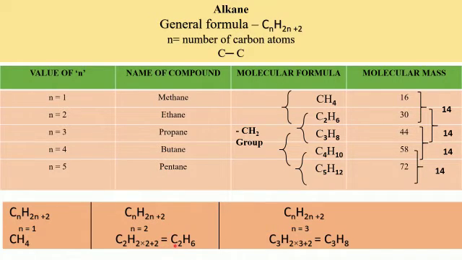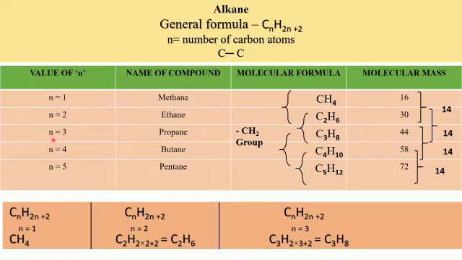So that gives you the formula C2H6. So you get the formula for ethane to be C2H6. Molecular mass will be 30. Here we have 2 atoms of carbon. So 12 into 2, that is 24, plus 6, that is 30.